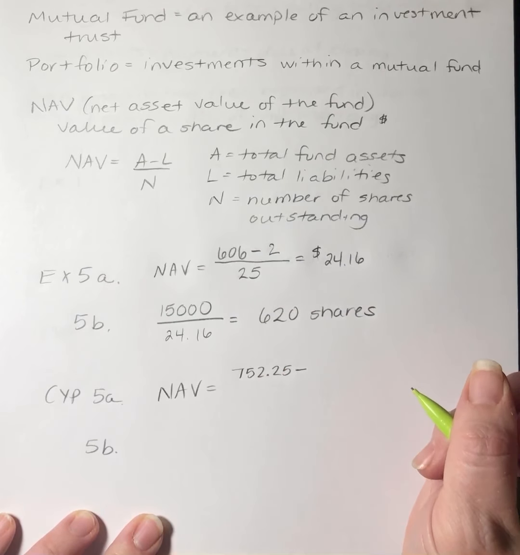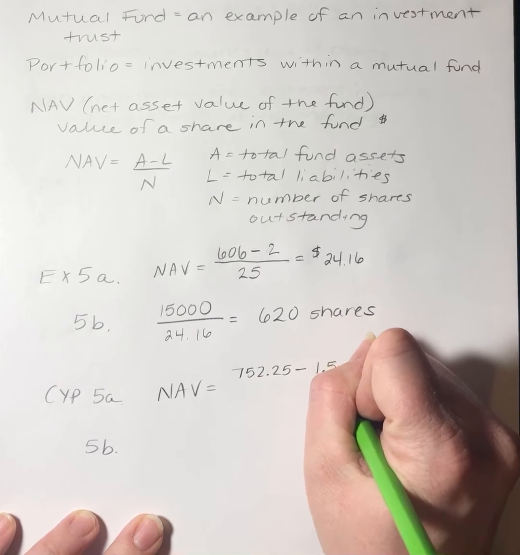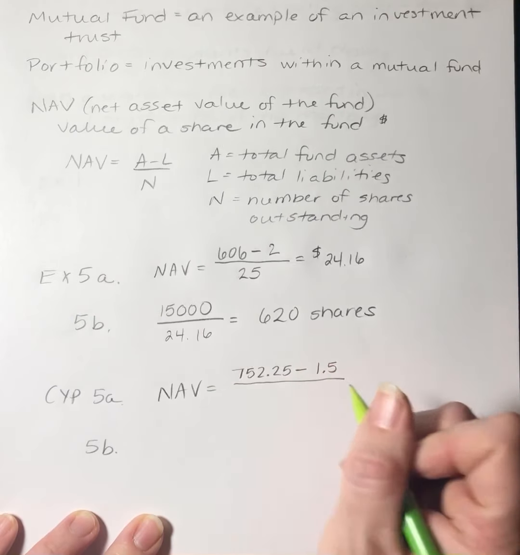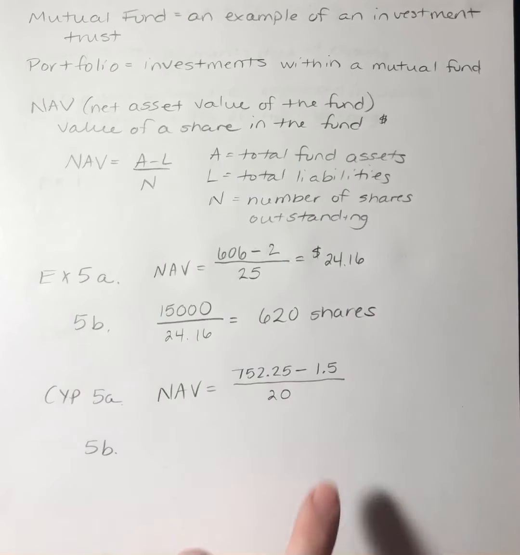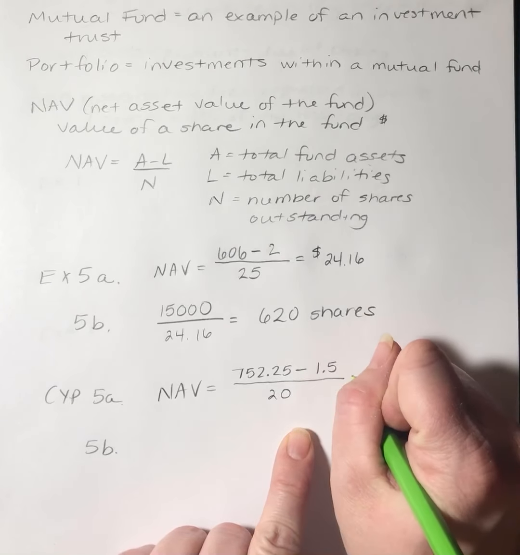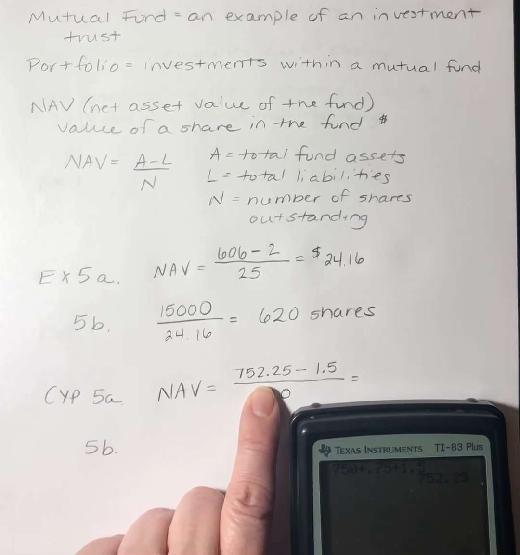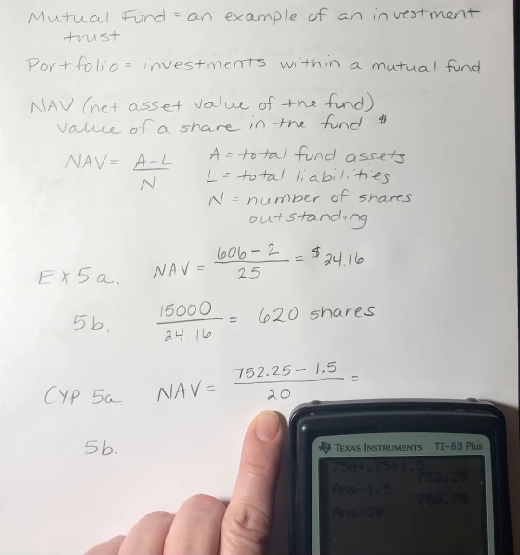Their liabilities were 1,500,000, so 1.5 million. And then they had 20 million shares outstanding. And you could certainly have written all these numbers out. There is nothing wrong with that. Okay? So I've got that number in my calculator already. I'm going to subtract the 1.5 million and then divide by the 20 million.